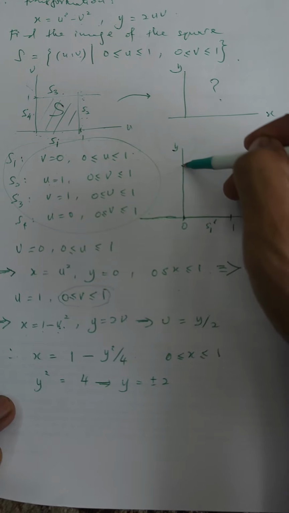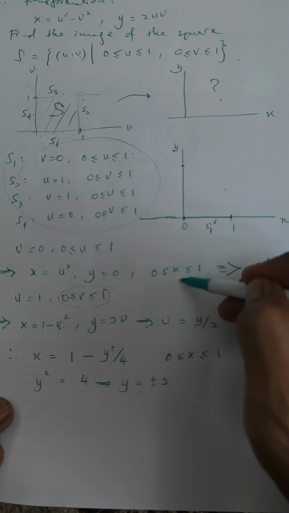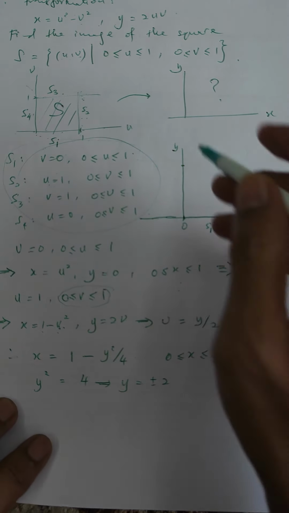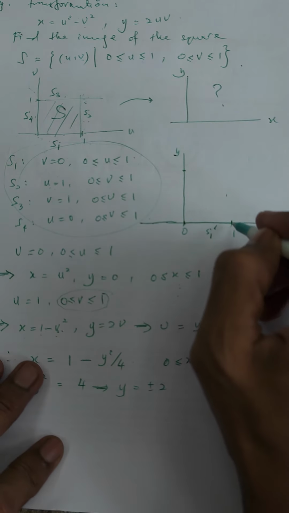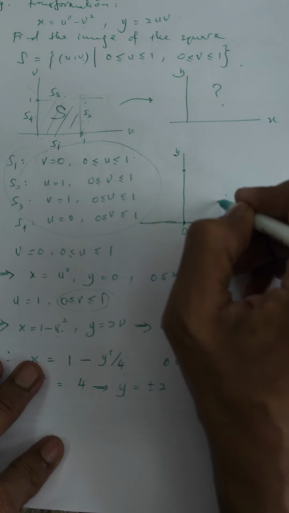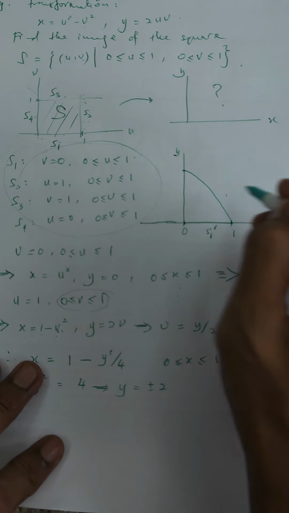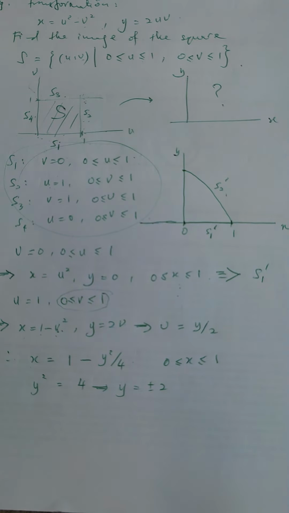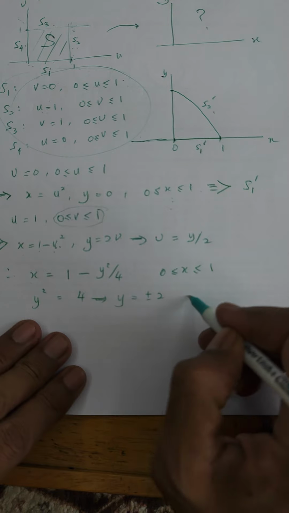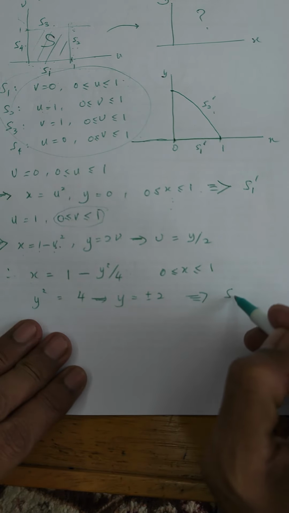So we have 2 and negative 2 down here. If we consider only the positive part, then we have this. Let's call that S2 prime.